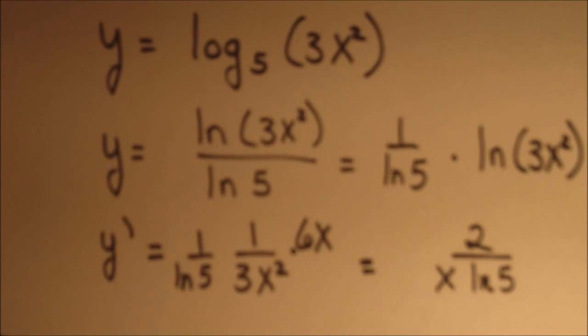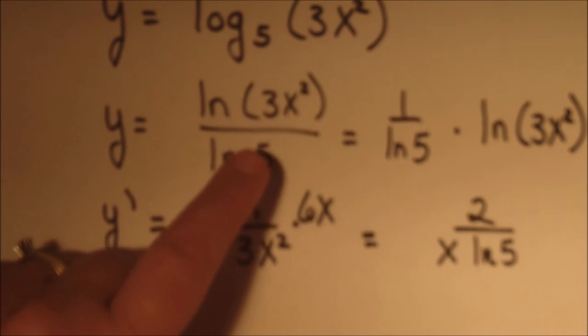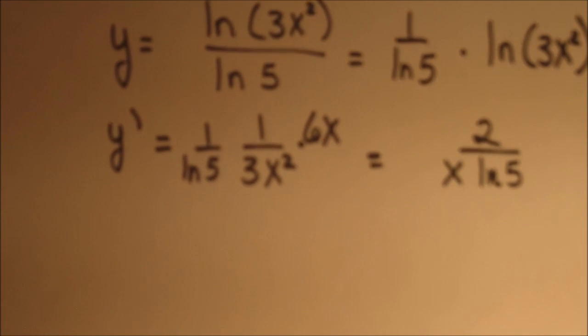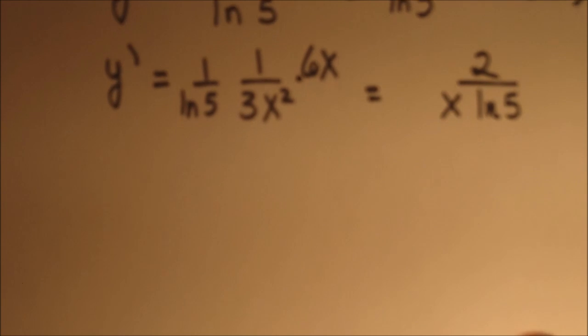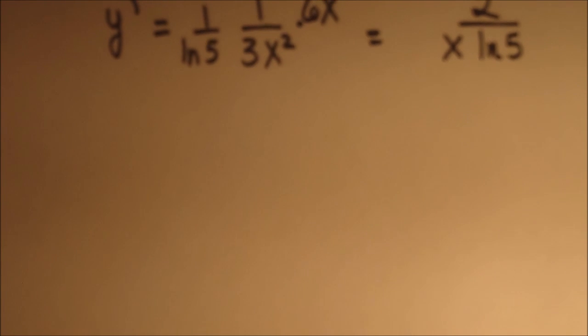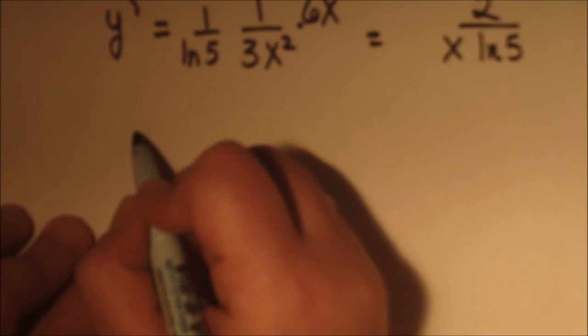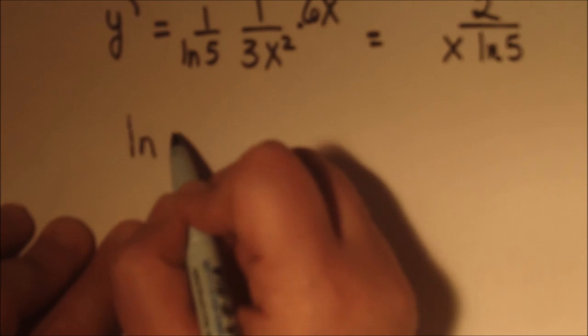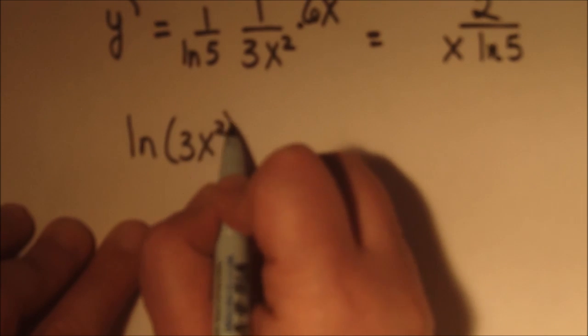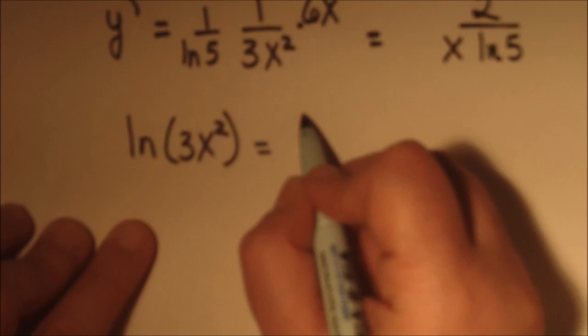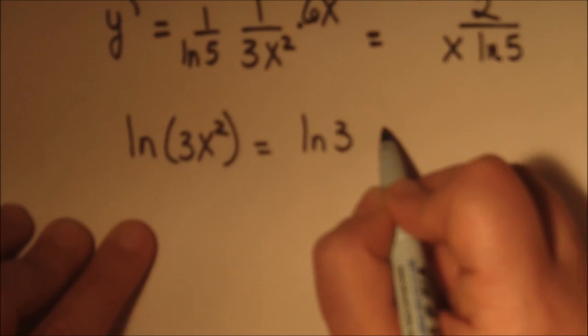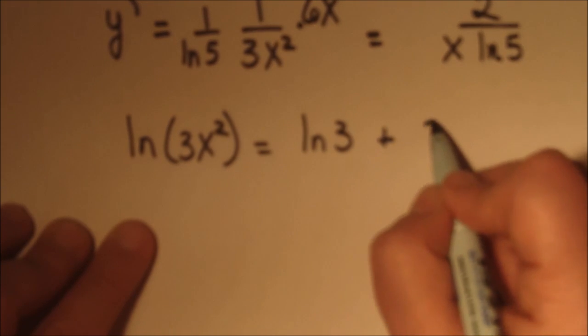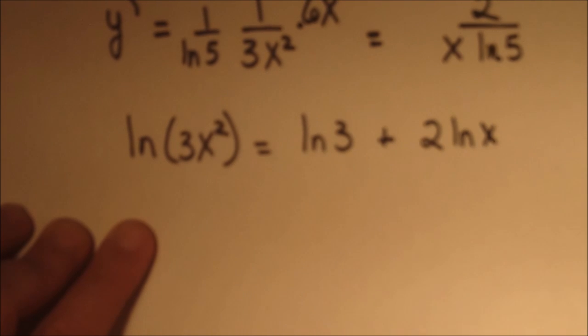Some of you may have noticed that when you're finding the derivative of natural log of 3x squared, if you wanted to, certainly we can write natural log of 3x squared as natural log 3 plus 2 natural log x.